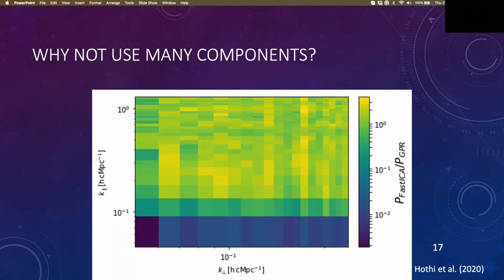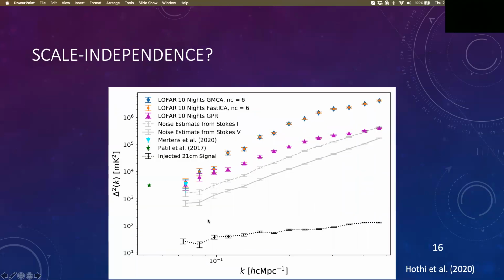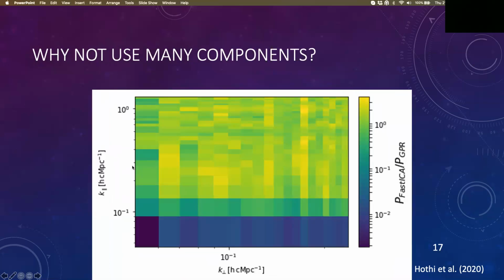But interestingly, on the lowest of k scales, we begin to see overfitting. So in fact, whereas 6 components on the highest of k is insufficient to model foregrounds, on the lowest of k, 6 components is too many to model the foregrounds. And so what this shows is we need a blind source separation technique that can model the foregrounds with a different number of components on each scale.